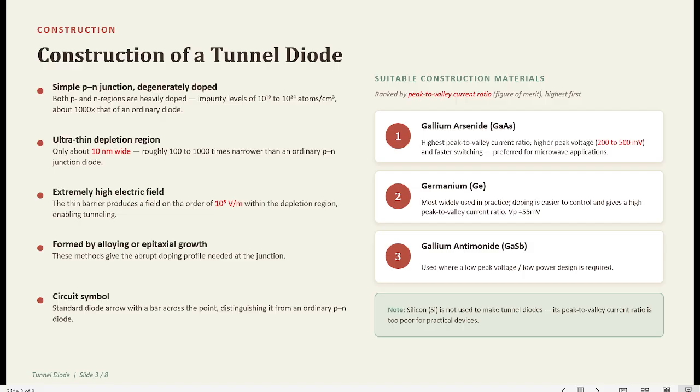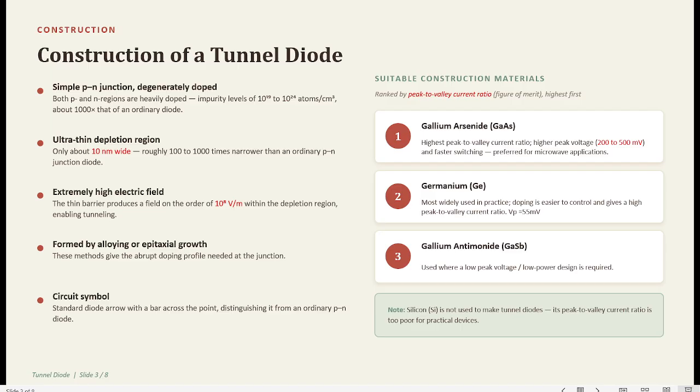Now another material suitable for the construction of a tunnel diode is germanium, because it is easier to control doping in case of a germanium tunnel diode, and also it has a significantly high peak to valley current ratio.